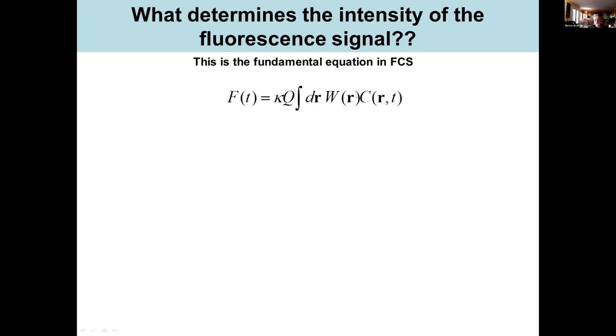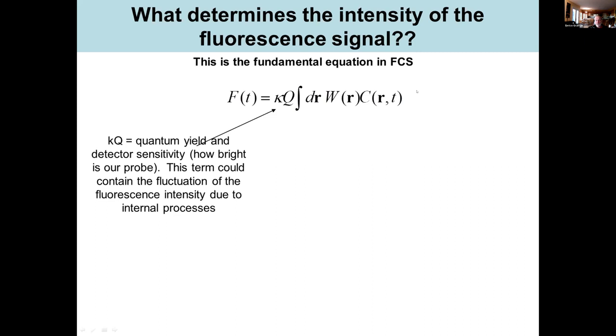Notice that in this equation, I have the concentration, while everything I said has to do with single molecule, which is different because the concentration is a continuous quantity and can change from 0 to whatever value, while the single molecule either is present or not. And that will make a difference in the treatment.